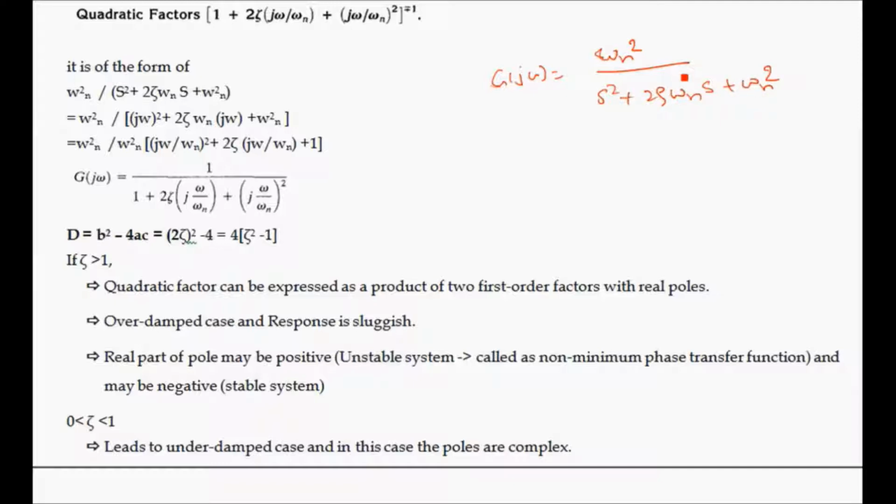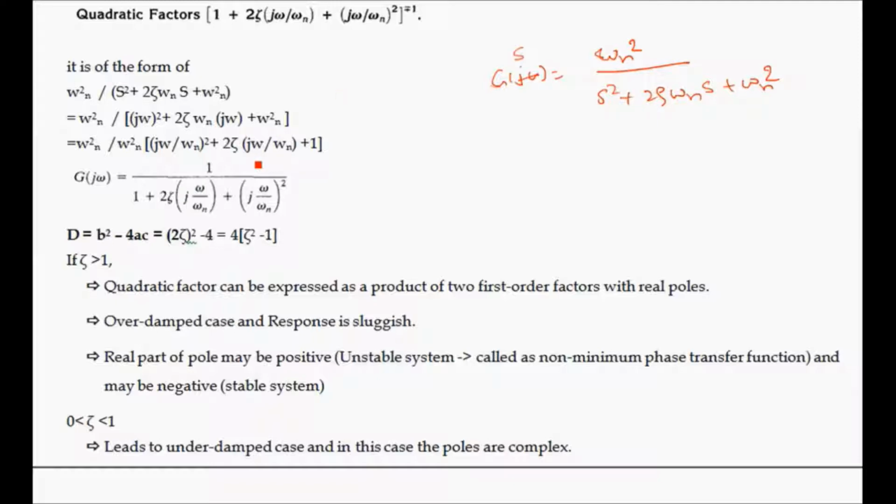So we have to change it into a form compatible with the Bode plot, and we just put s equal to j omega in this equation, and take omega n square common from numerator and denominator.